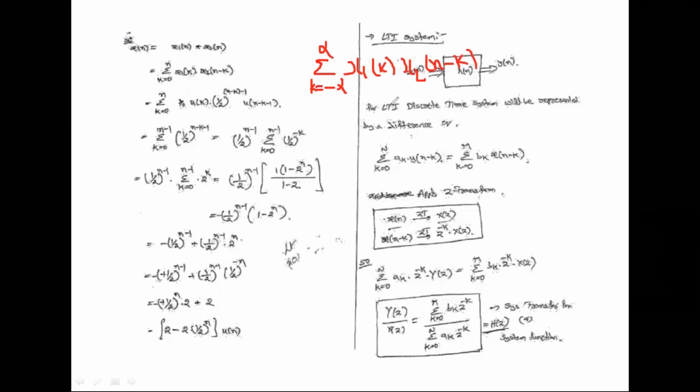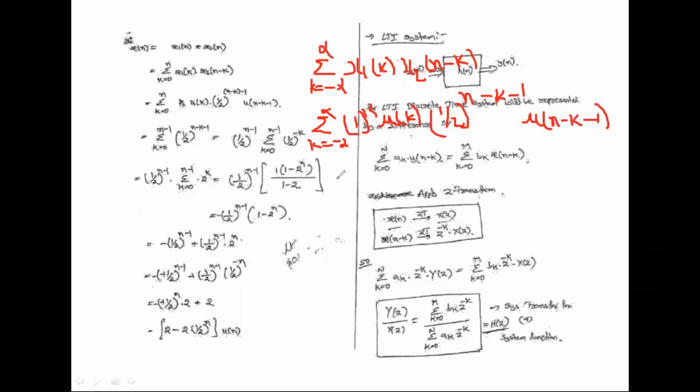We got 1 whole power k mu of k, and the second function is (1/2) whole power n minus 1. Instead of n minus 1, n changes to n minus k minus 1, and mu of n minus k minus 1.